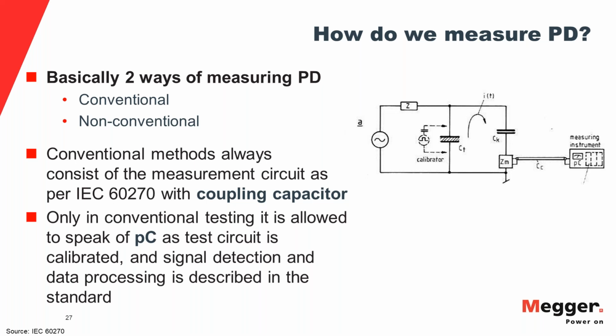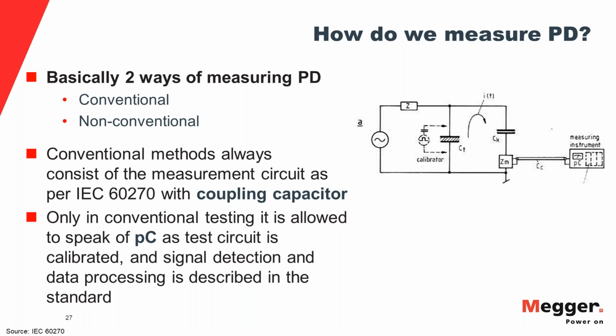The conventional measurements always have a coupling capacitor, and only in conventional testing are we allowed to talk about picocoulombs, because the test circuit is calibrated and the data processing and the signal detection are all done as outlined by IEC 60270. As soon as you leave that ground, you're not doing internationally accepted conventional testing anymore.